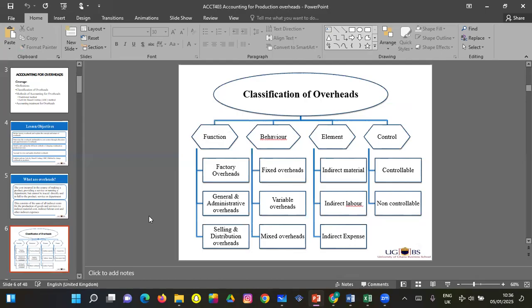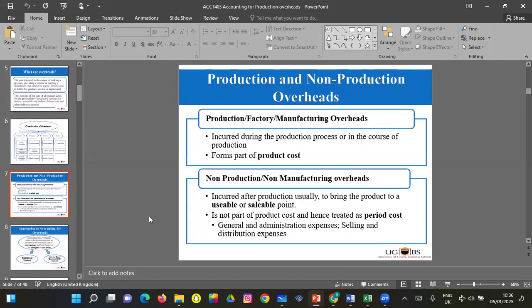Under function, we have factory overhead, general and administrative overhead, and selling and distributive overhead. Then behavior, you can have fixed, variable, and mixed overhead. Then in element, we have indirect material, indirect labor, and indirect expenses. Then the control, you can have it being controllable and not controllable.